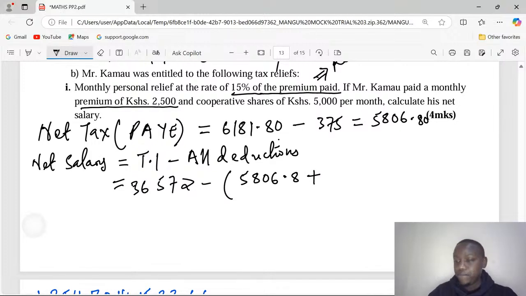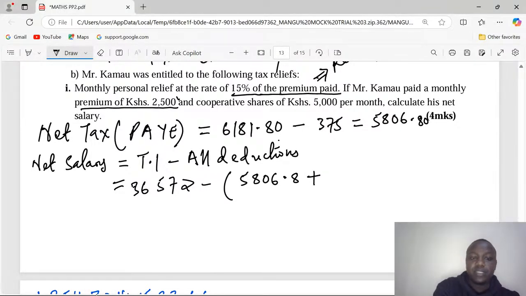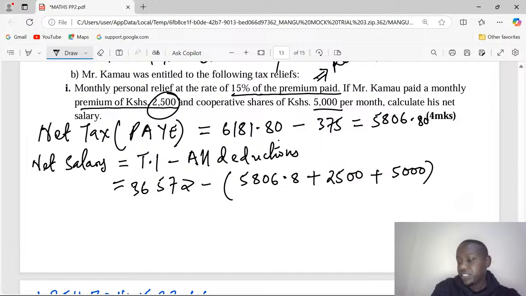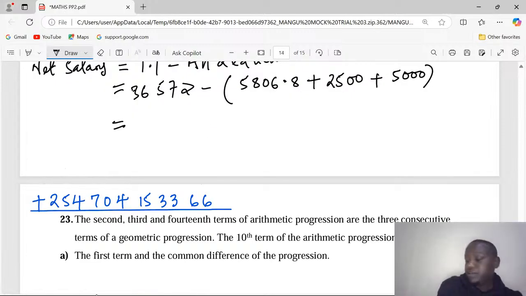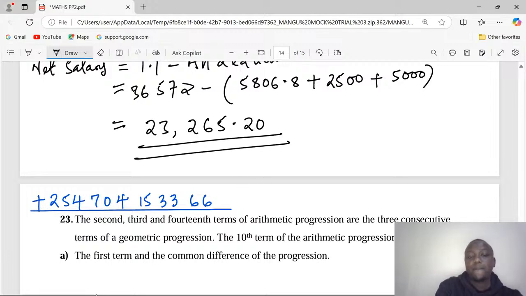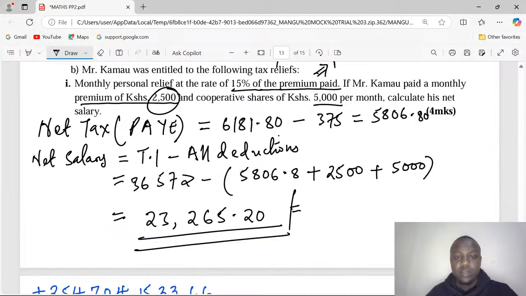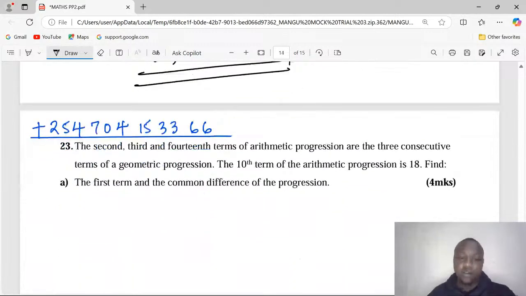He pays premiums. Now, premiums come in again as a deduction, and he also pays cooperative shares, 5,000. So at the end of the day, he's going to get 23,265.20 Kenya shillings. So that is the amount that Mr. Kamau gets at the end of the day.